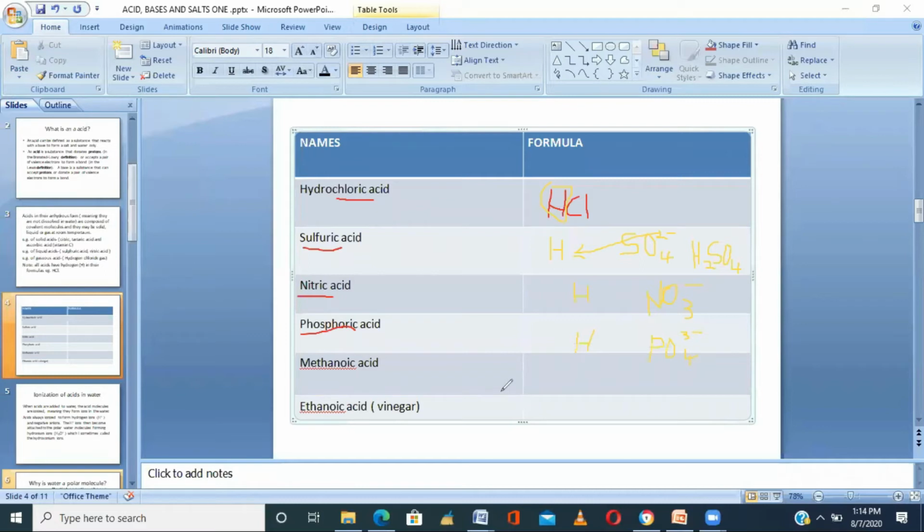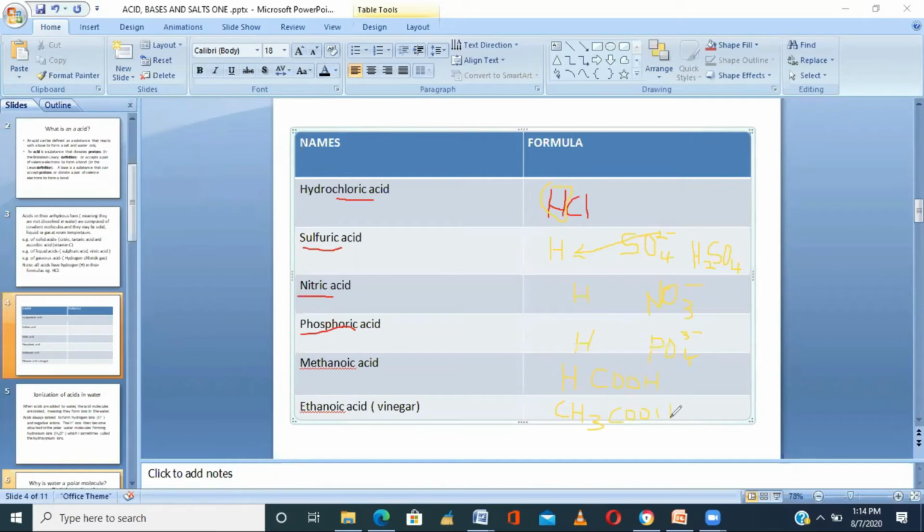Methanoic acid, it's H, that's the hydrogen, bonding to the functional group of the organic acid, COOH, and you have ethanoic acid, which is CH3COOH.